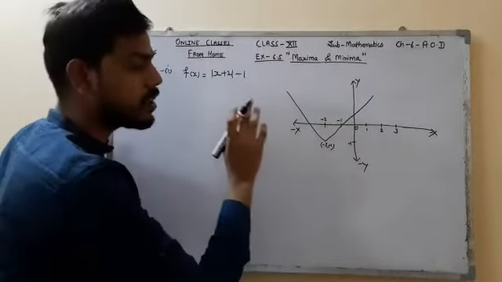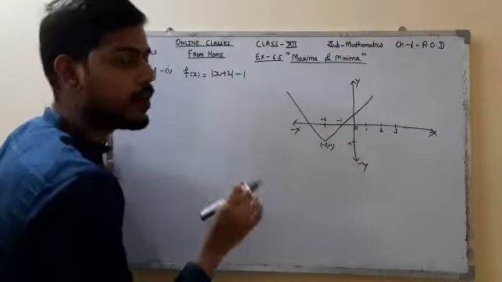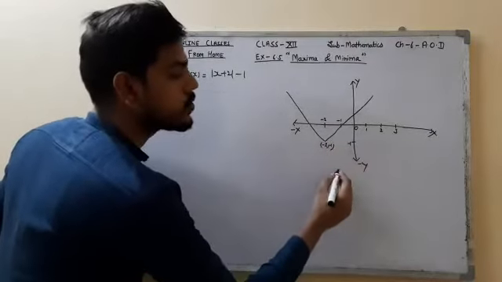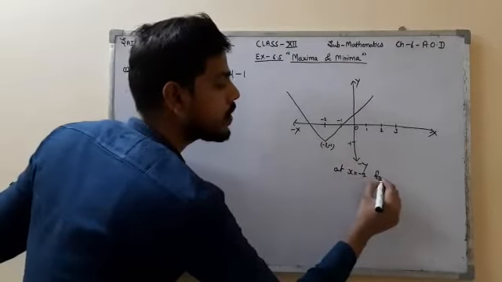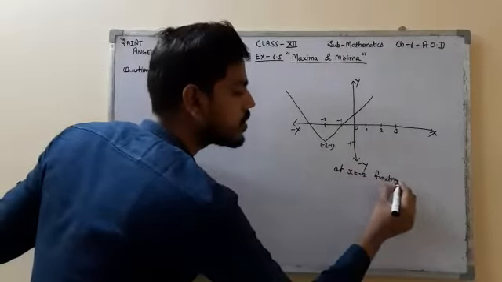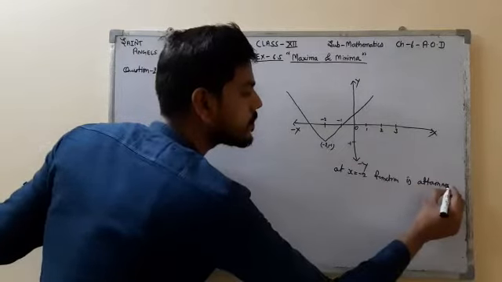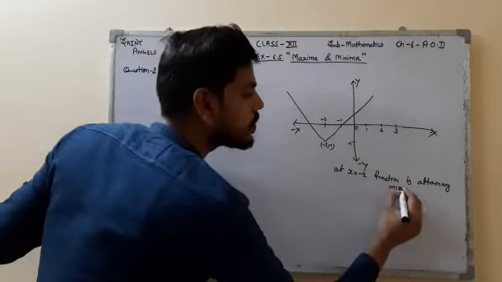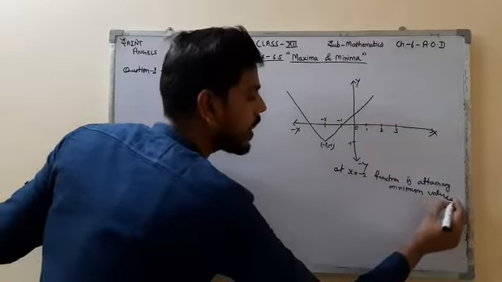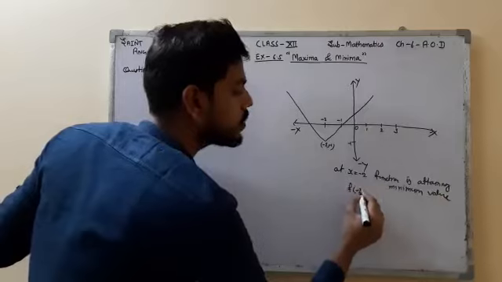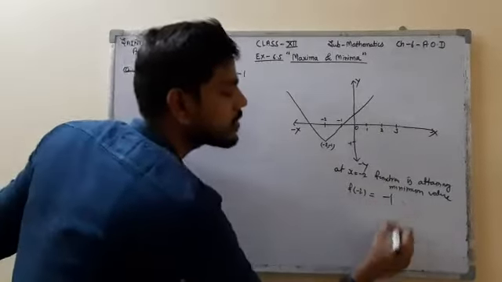Though the function is not differentiable at x equal to minus 2, the function is attaining its minimum value at x equals minus 2, and the minimum value is f(minus 2), which is minus 1.